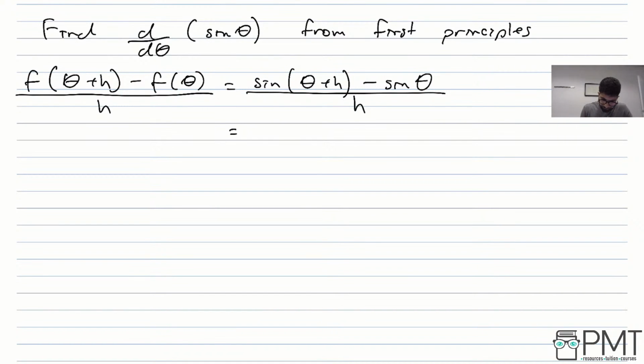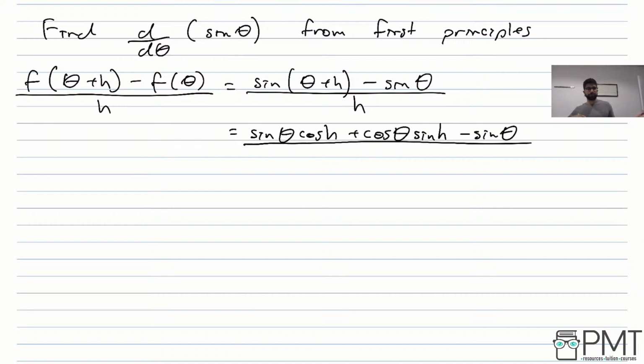So we have got sine theta cos h plus cos theta sine h minus sine theta. Okay, and then we'll need to do something with this. What factorization or any simplifications can we do? What would be your next step? Let me know, please.